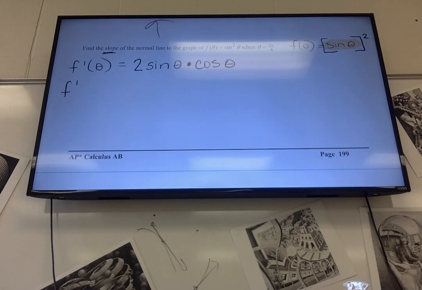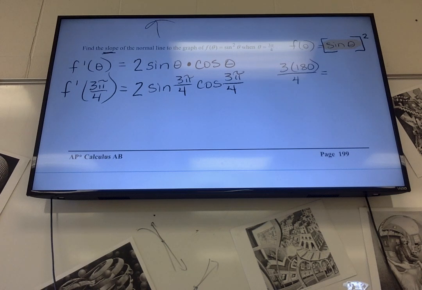So now I can plug in 3 pi over 4. I get 2 times the sine of 3 pi over 4 times the cosine of 3 pi over 4. Remember to quickly change 3 pi over 4 into degrees.